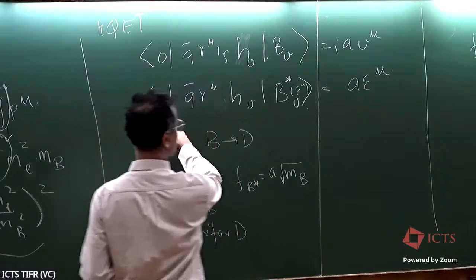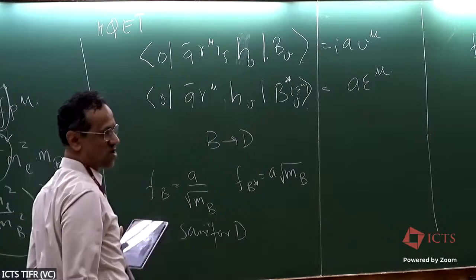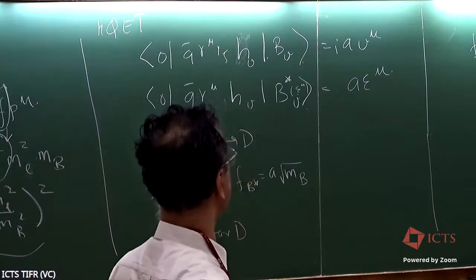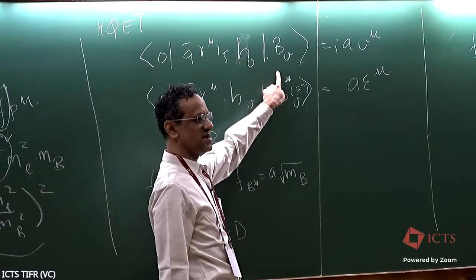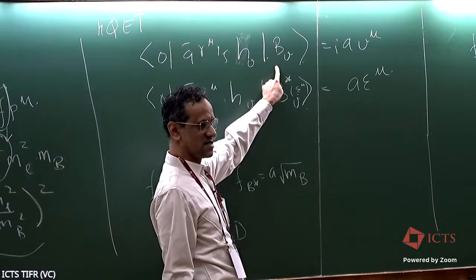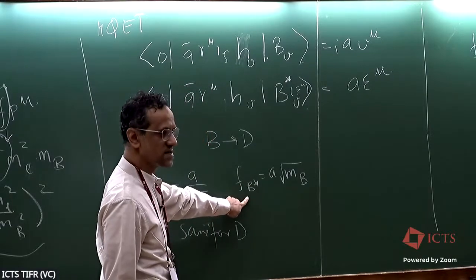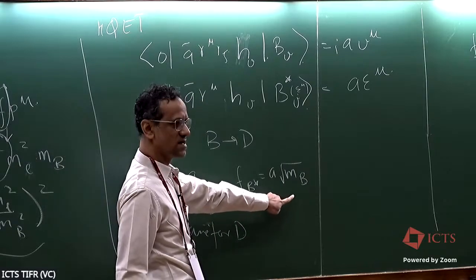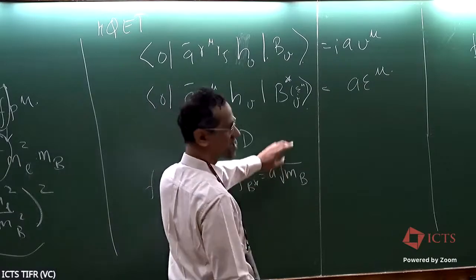Sorry, can you put an FB star? That's the point. So heavy quark symmetry tells you that the difference between B and B star is the spin combination, right? And spin combinations are 1 upon m suppressed.